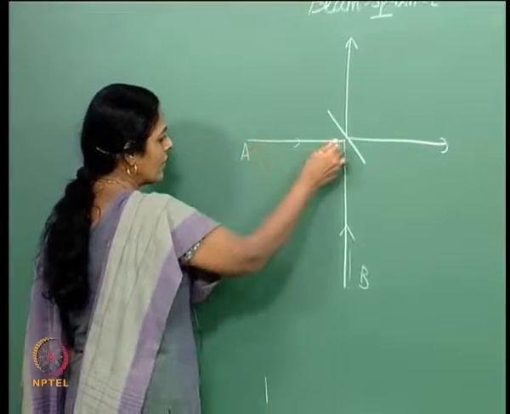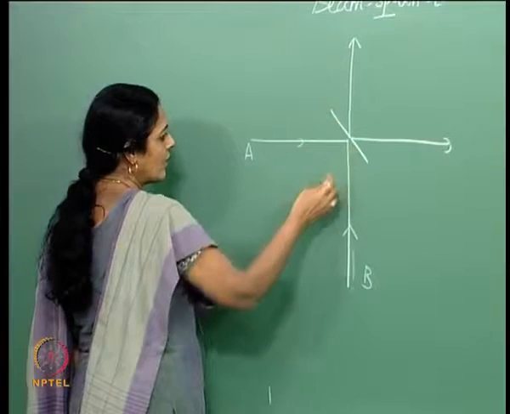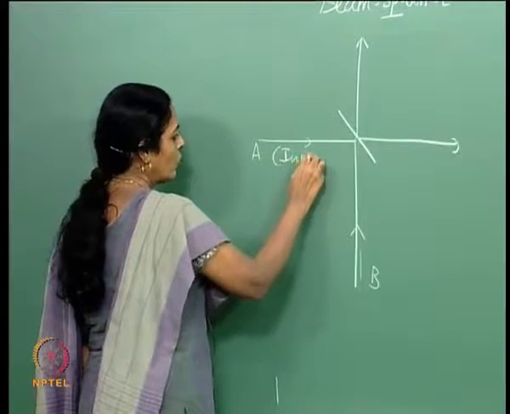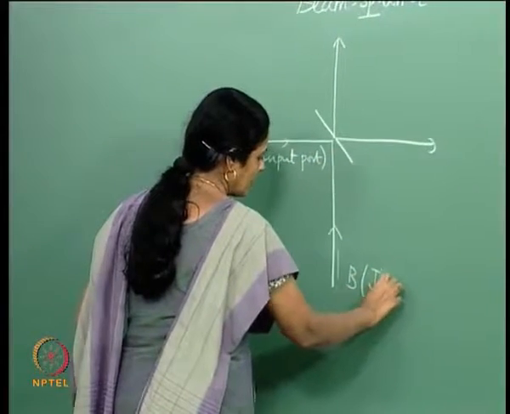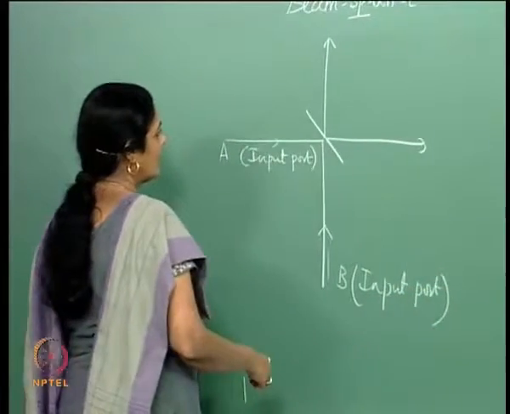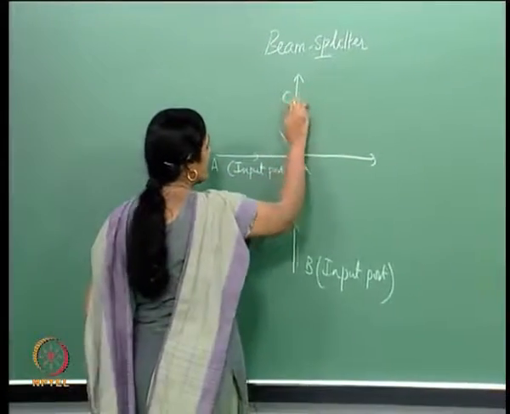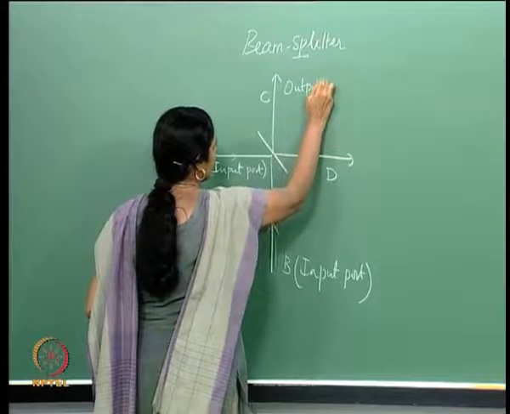Since the photons can come in either in this direction or in this direction and strike the beam splitter, A and B are called input ports. And then for the sake of nomenclature, I'd like to call this C and I'd like to call this D, and these are output ports.